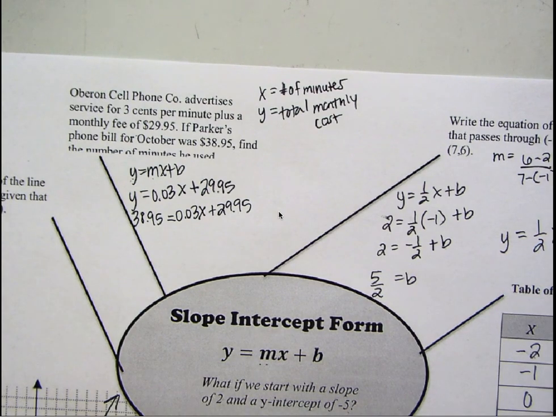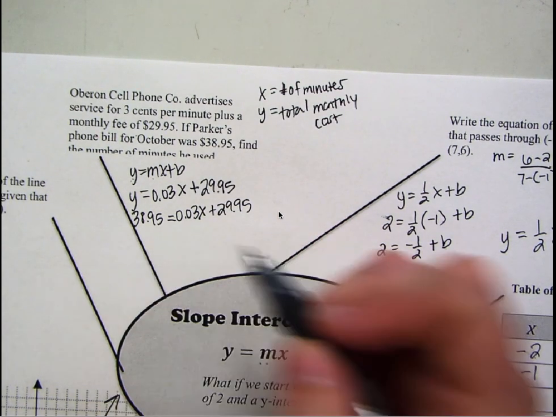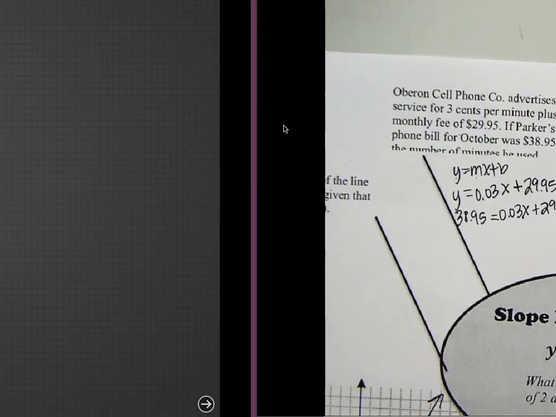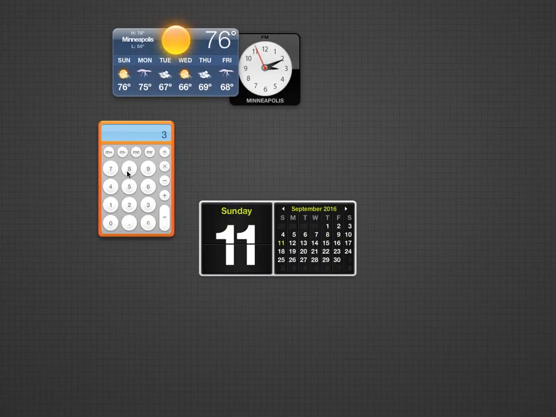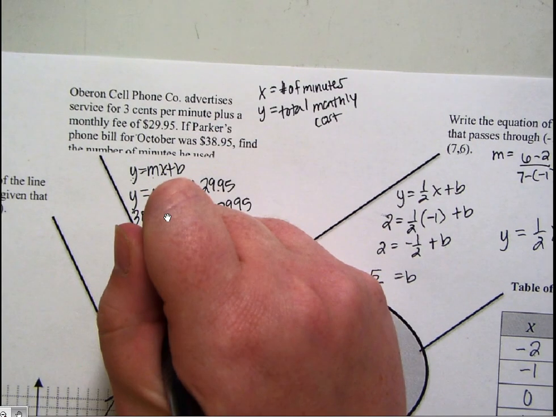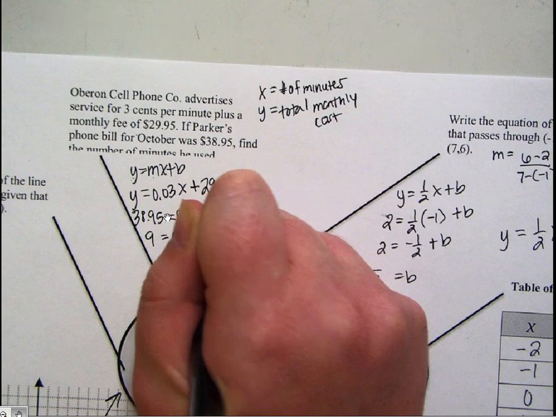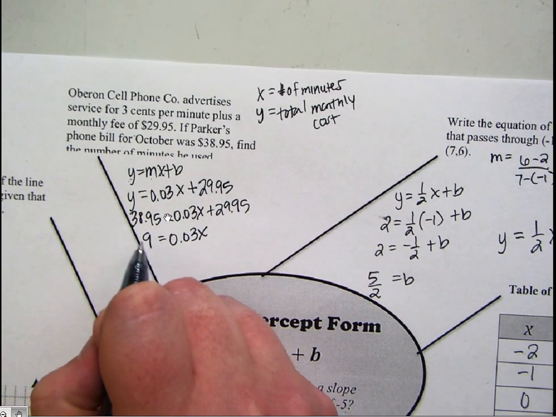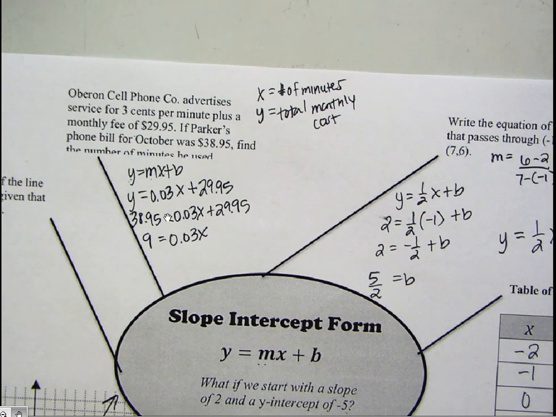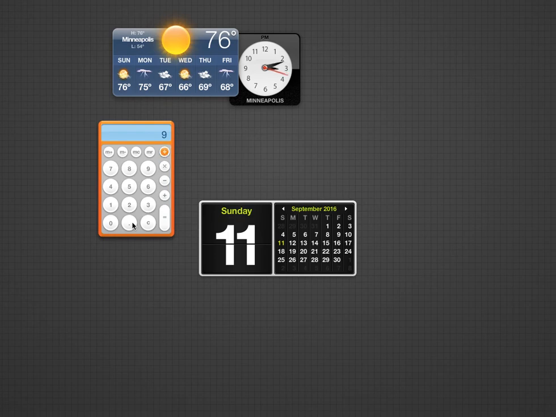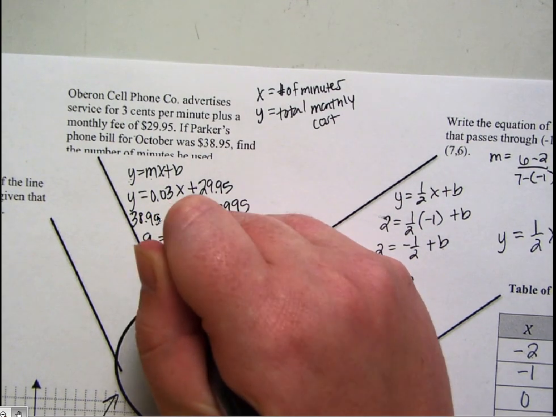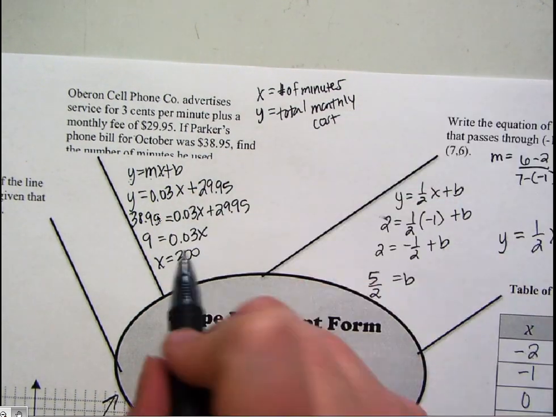Okay, solving for x, we're going to subtract $29.95 from each side. $9 equals 0.03x. So what that tells me is we were using $9 just on the 3 cents per minute. And then we can divide 9 by 0.03. x equals 300. So we have our solution.